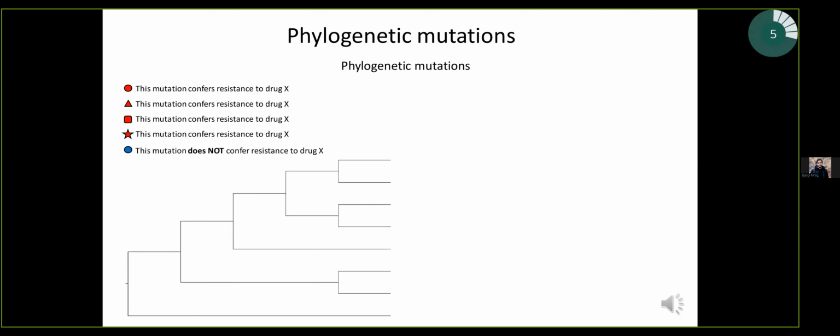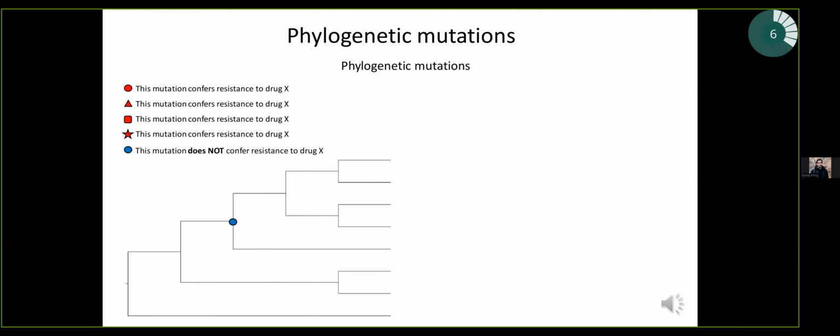And then we have a phylogenetic tree that represents the genetic relationships between samples. This is what a phylogenetic tree really means. Here at the tips are our samples, the ones that we are analyzing, and these are the genetic relationships. So these two samples are genetically closer to each other than they are to this one, for example.